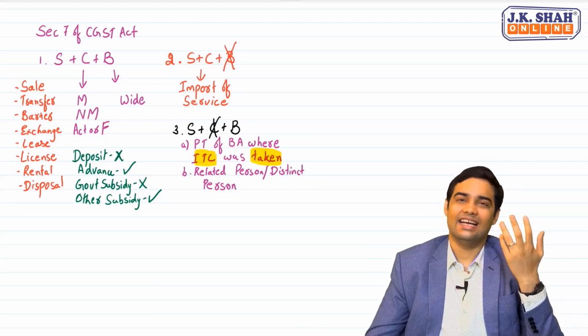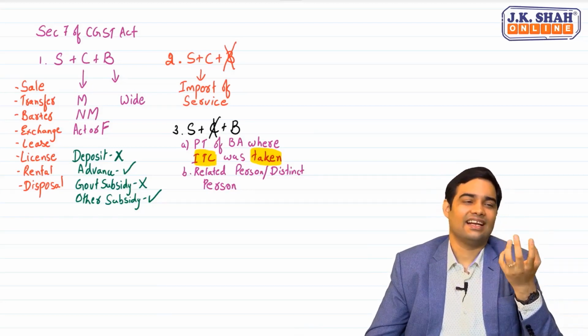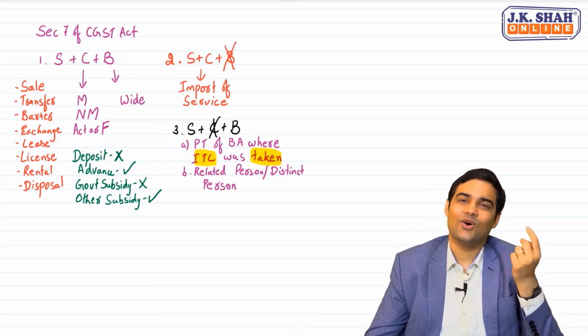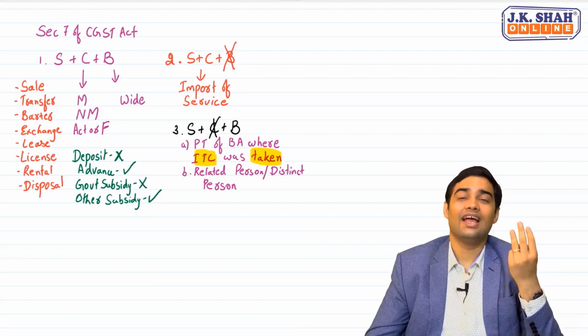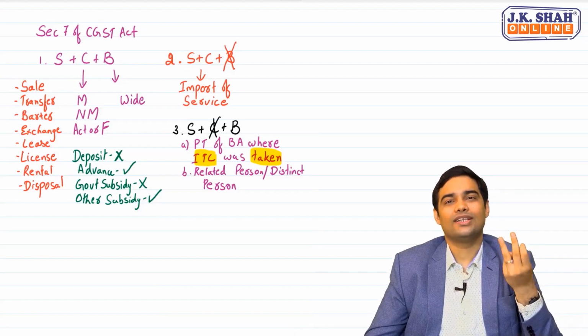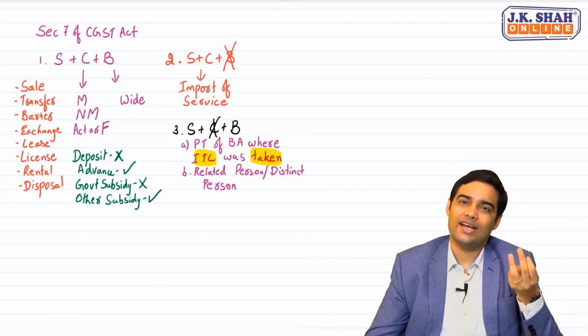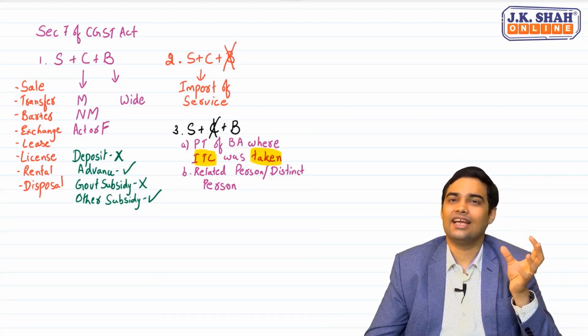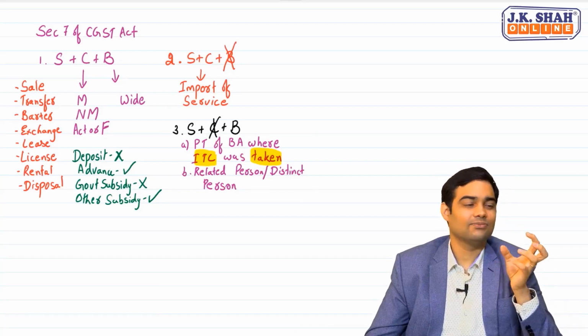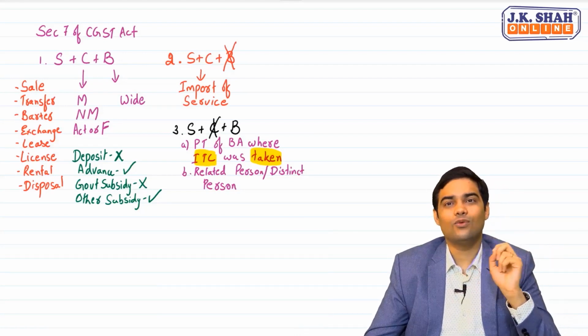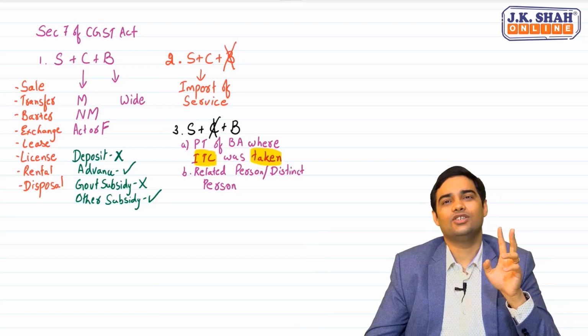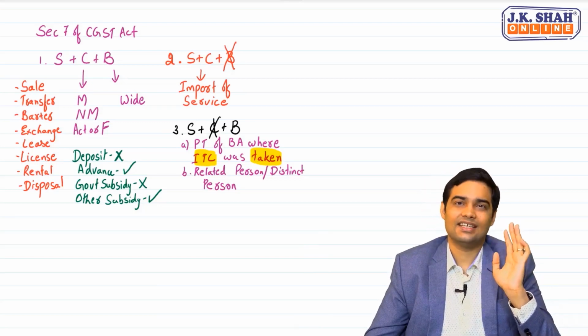Related person can cover persons who are partners of the partnership firm, employer-employee, holding more than 25% or 25% shares in one or more companies, one controlling another, two controlling one, or one controlling two. All the three instances are covered.